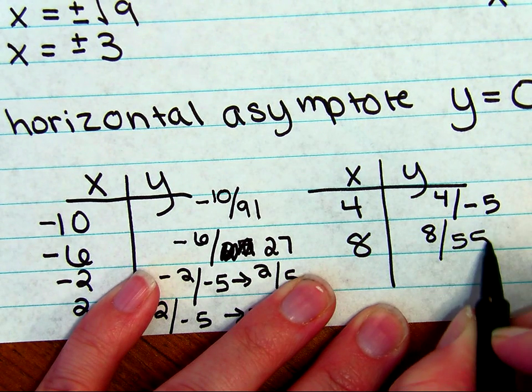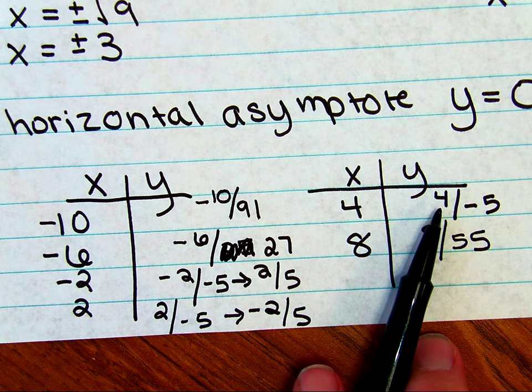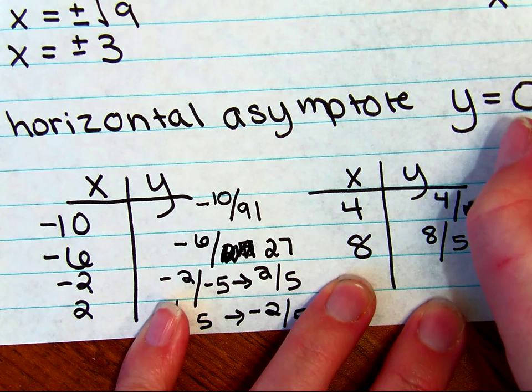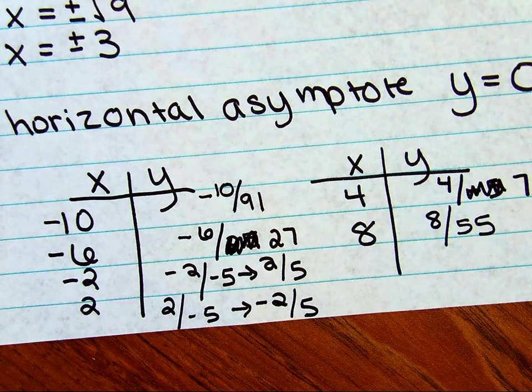Okay, so I've got some numbers to graph. I think I need to go back to my 4. So 4 squared would be 16 minus 9. I'm losing it. It's Friday. 4/7.